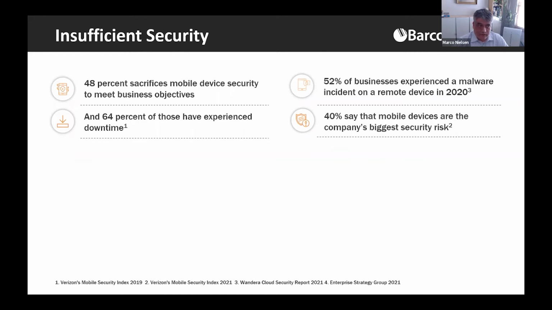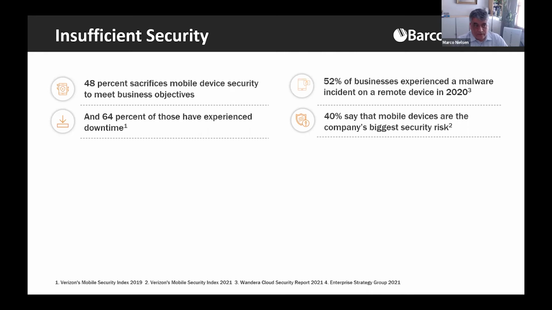Another 64% said those that are compromised have experienced downtime. It could be malware, there could be other things that really impact them because they have skipped some of these pieces. And then another 52% of organizations said that they had something happen on a remote device. That's really increased from 2019 by 37%.